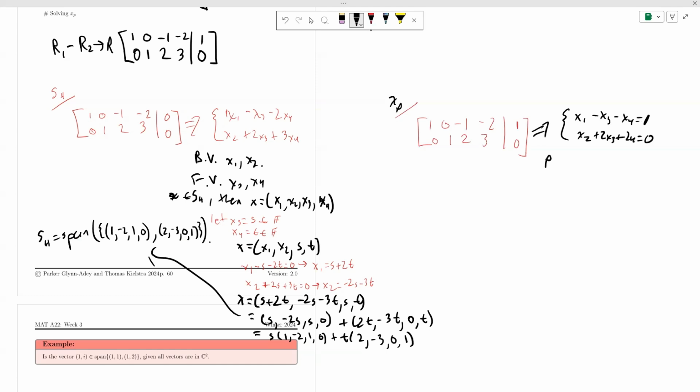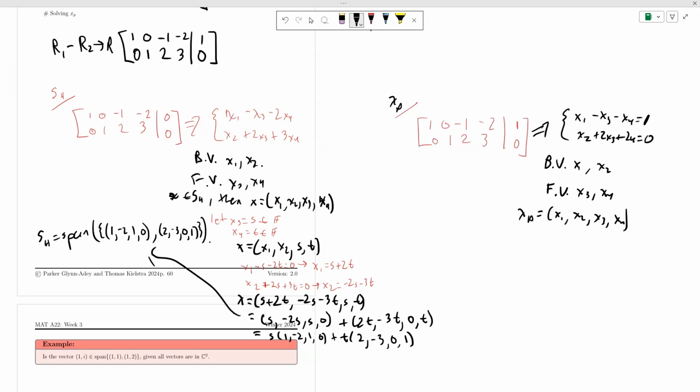Well, now our basic variables are still x1 and x2, and they will always be the same. And our free variables are x3 and x4, and they will always be the same. And my x particular equals x1, x2, x3, and x4.